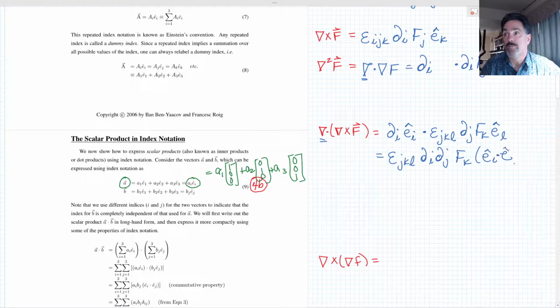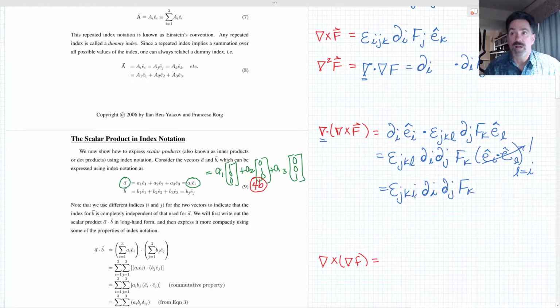And what this means is that l has to be equal to i, because that's when this is going to be 1, otherwise it's 0. So I'm going to come back in and replace the l with an i. That's an epsilon_jki, and then a partial_i, partial_j, and an f_k.